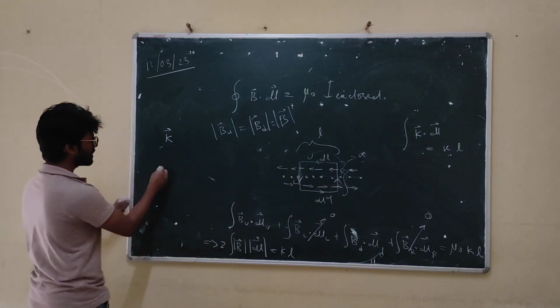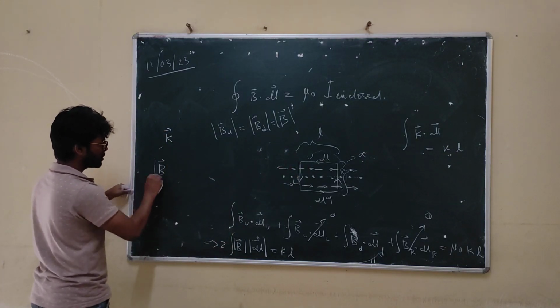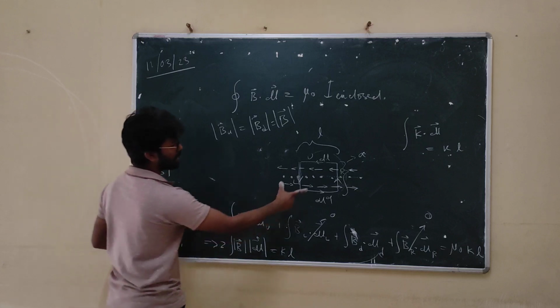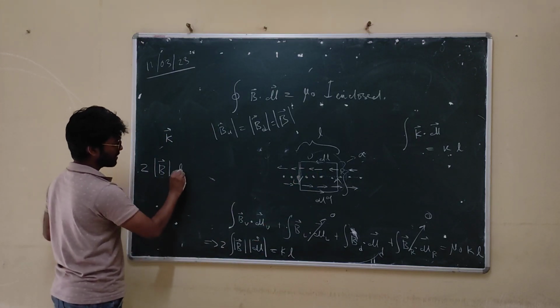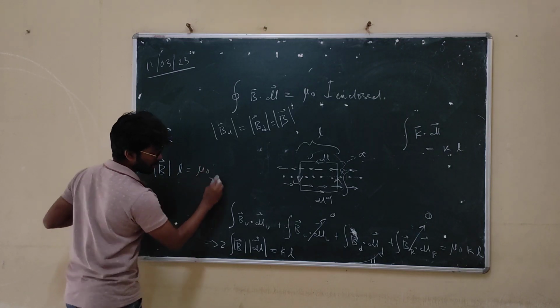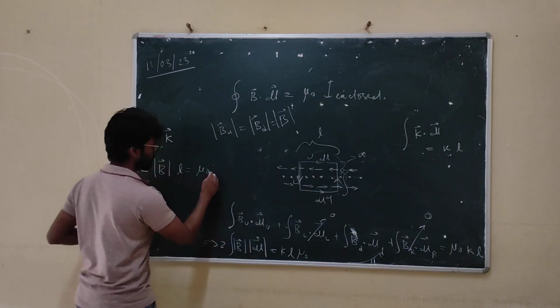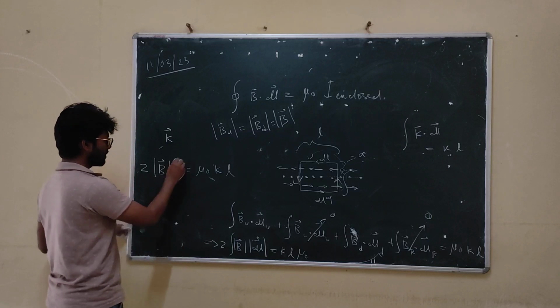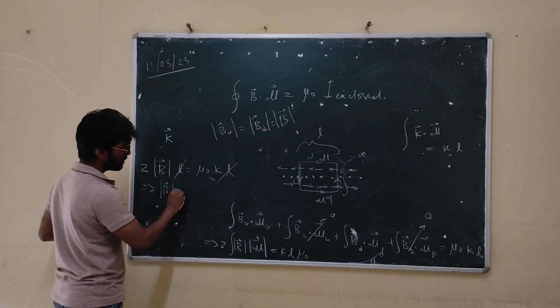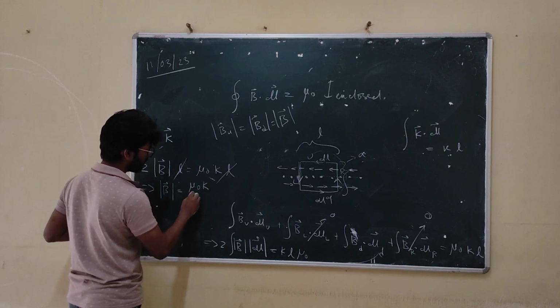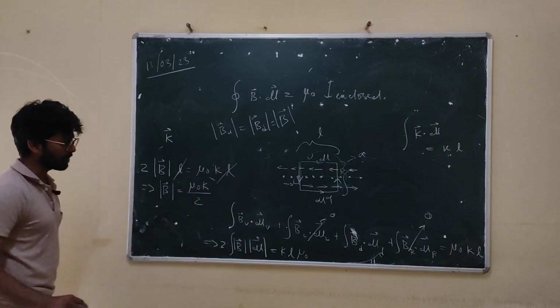I have the magnitude of B, and integration of dl is just L. So twice B L equal to mu naught K L. The L cancels. The magnitude of B will be mu naught K by 2.